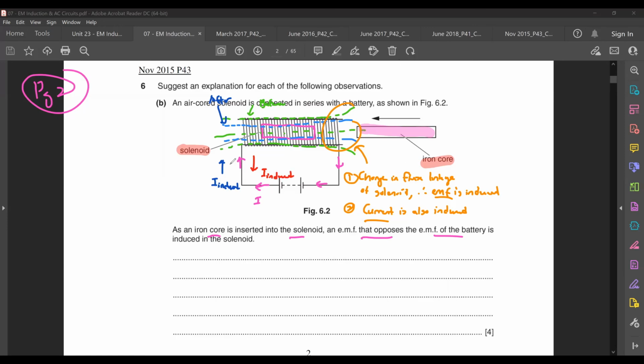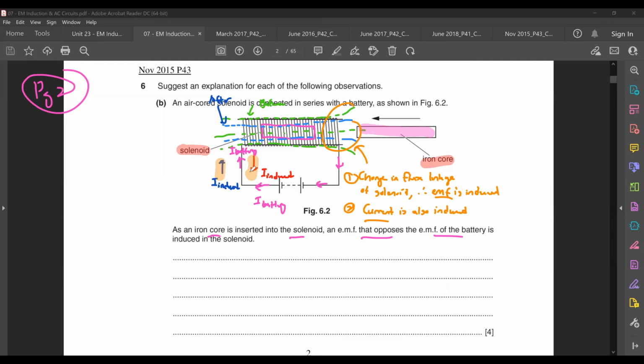Bear in mind that the pink colored line here is my original current from the battery. Okay, maybe I better just write it properly here. This one is the current from the battery. Okay, so now look at this one. I know that I would have induced current in the solenoid, but which one could be a possible direction? Is it this blue one or the red one?